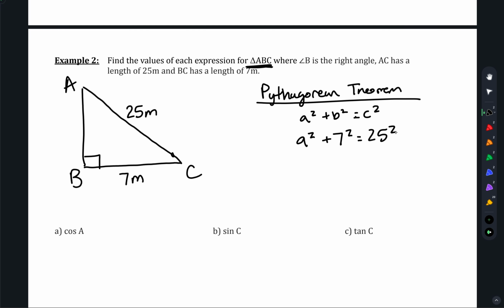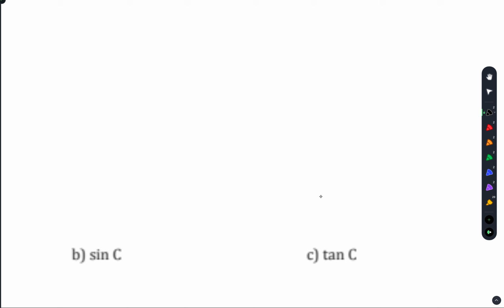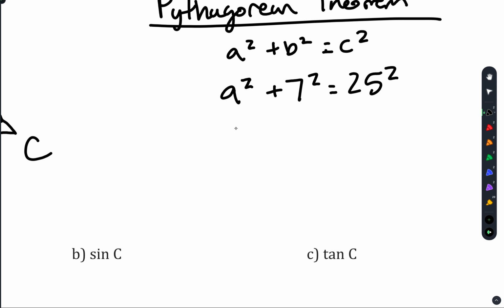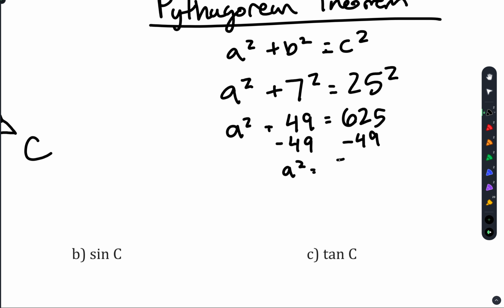Beautiful. We're going to solve this for a. So I'm going to simplify. I'm solving for a, so now I'm going to subtract. This is a squared equals 576.